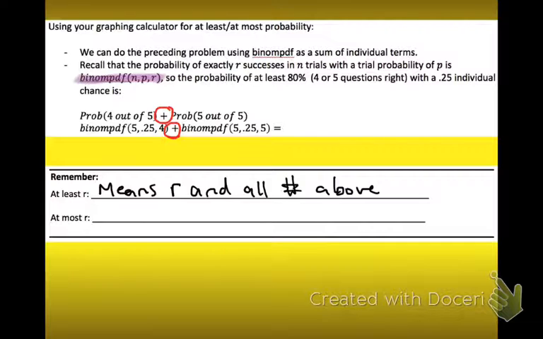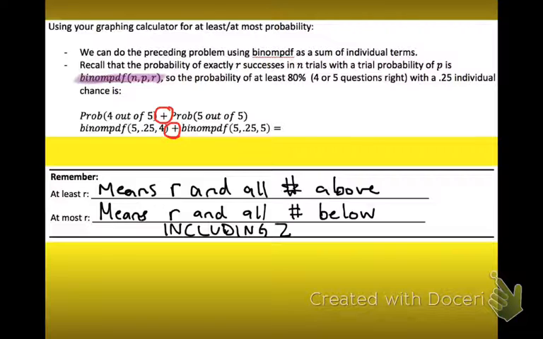And it's also important to remember that at most r means r and all numbers below, including 0, with lots of exclamation points underneath it, because that is what is going to trip people up.